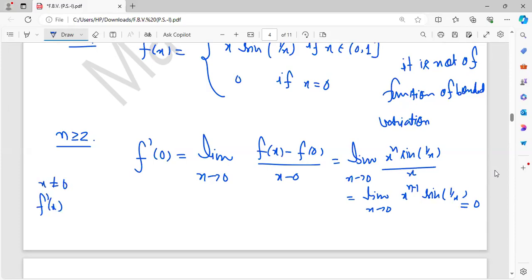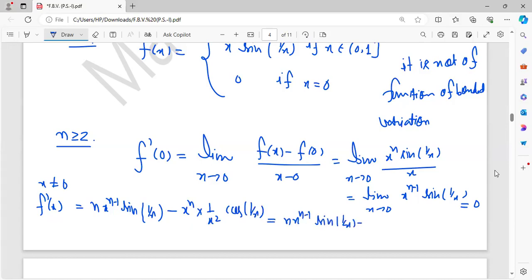This is n x to the power n minus 1 sine 1 upon x, plus x to the power n into 1 upon x square cos 1 by x. So this is n x to the power n minus 1 sine 1 upon x plus x, this is minus.